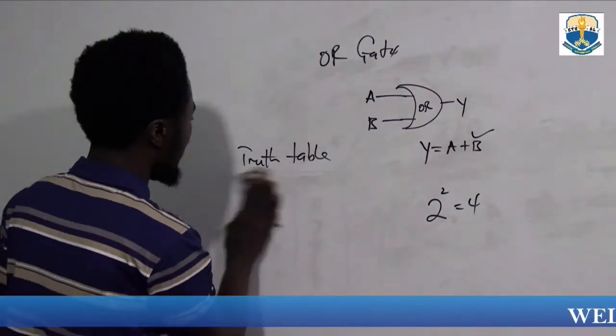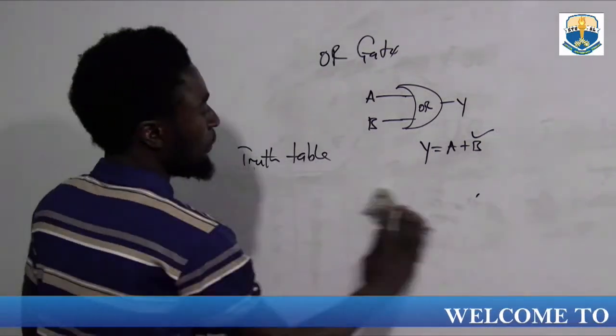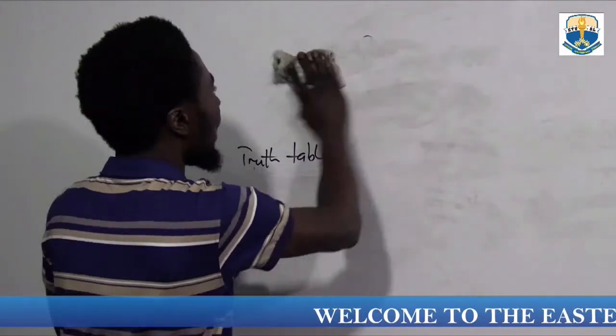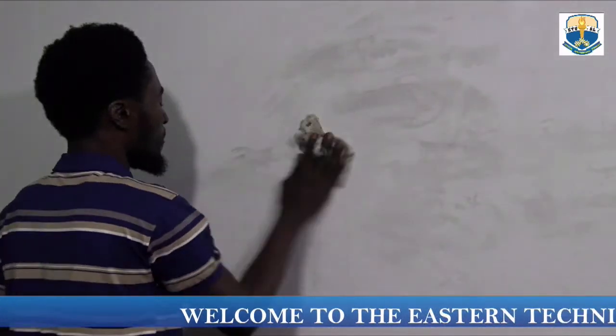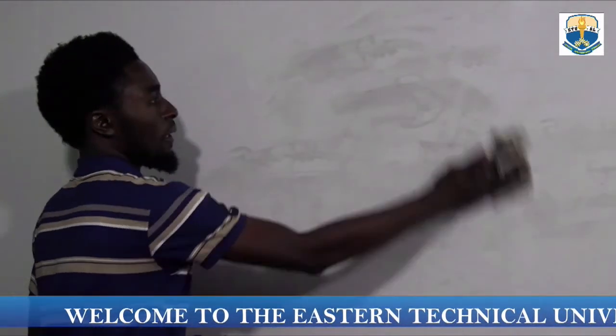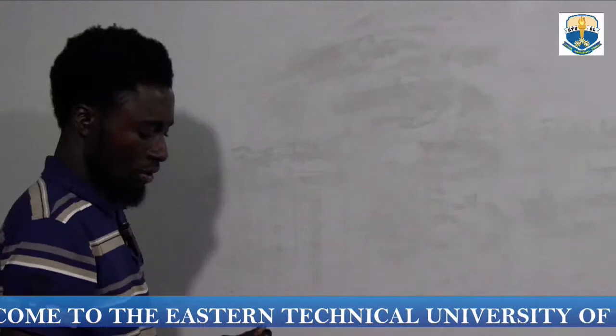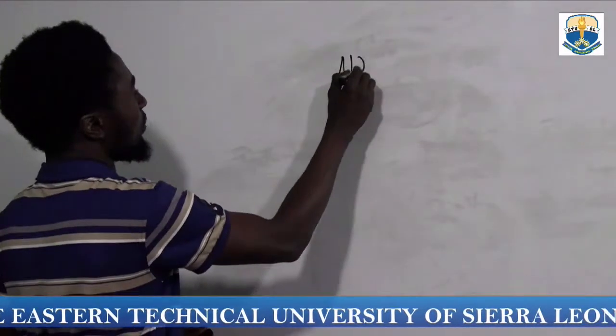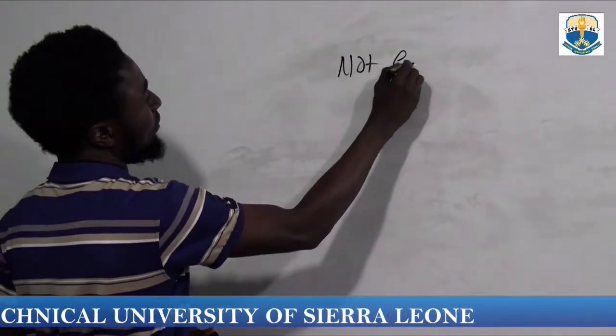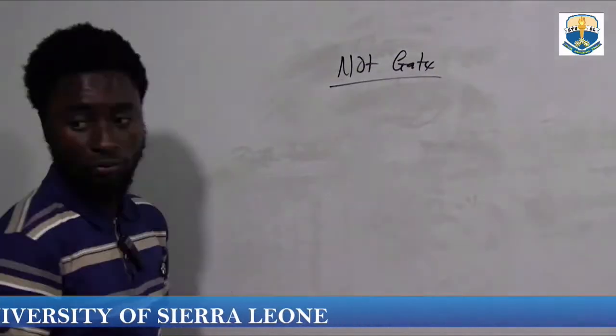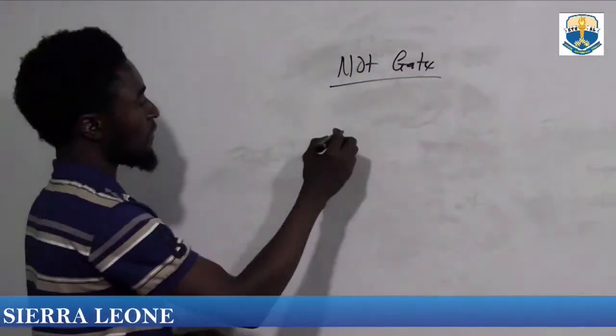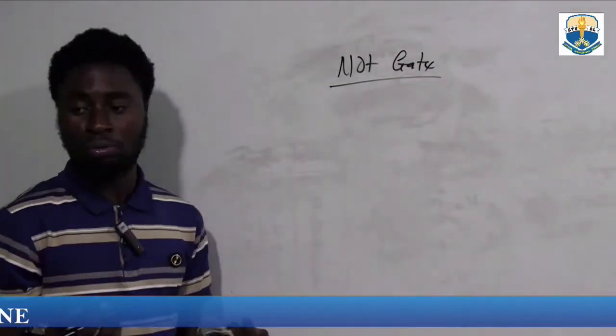The third one, the final one of the 3 basic gates we are looking at, is the NOT gate. Of course, the NOT gate takes one input.